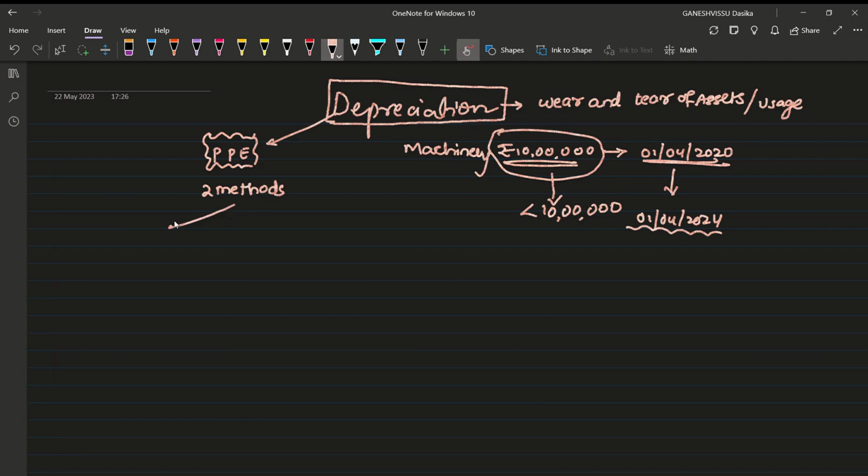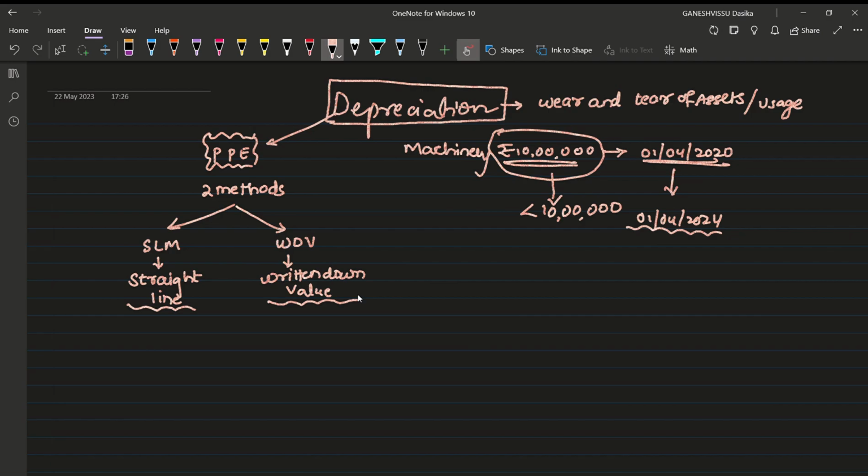One is the straight line method, and the second one is the written down value method, WDV method. These are the two methods which we are going to use frequently for charging the depreciation on assets.